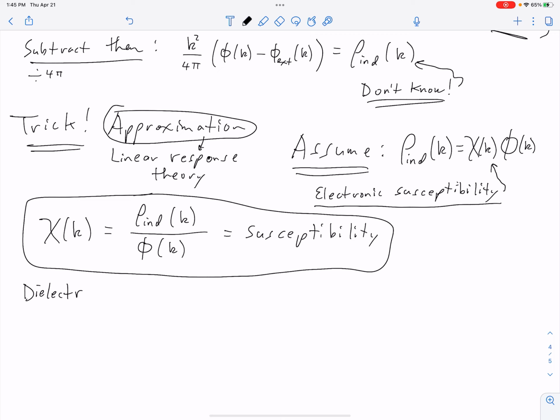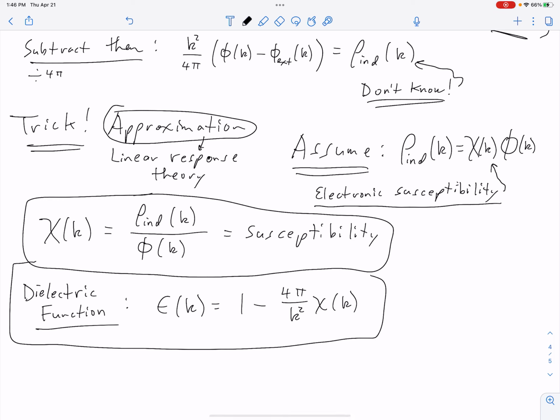the definition of the dielectric function, and this is just right now a definition, is that the dielectric function in k space, in reciprocal space, is equal to 1 minus 4 pi over k squared times chi of k. So these are just definitions.